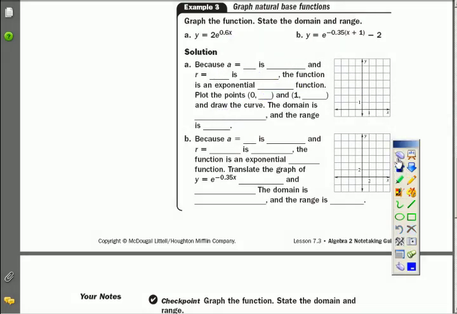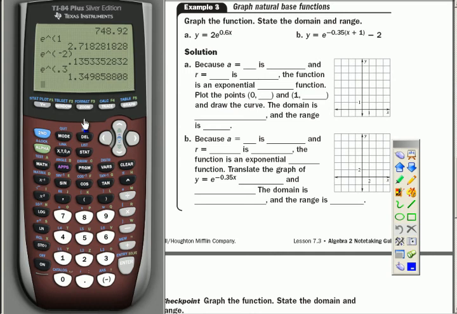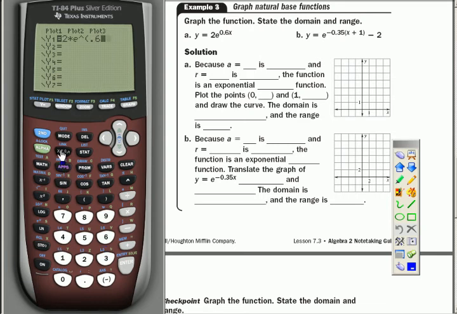Let's hop down here onto my calculator and go to my y equals menu. In my y equals, I'm going to have 2 times e to the 0.6x power, and do a zoom standard. Let's make sure our windows all look the same.